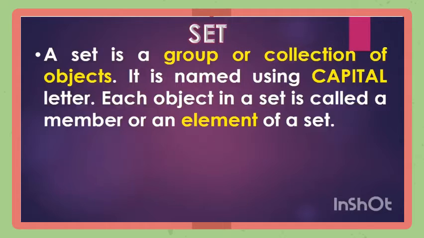So, anong tawag natin dun sa mga laman niya? Halimbawa, sa set A, di ba ang laman niya ay jacket, cup, and shoe. So, yung tatlo na yon, yun ang tinatawag nating element. So, ang tawag dun sa mga members or objects na makikita mo sa loob ng isang set ay element.